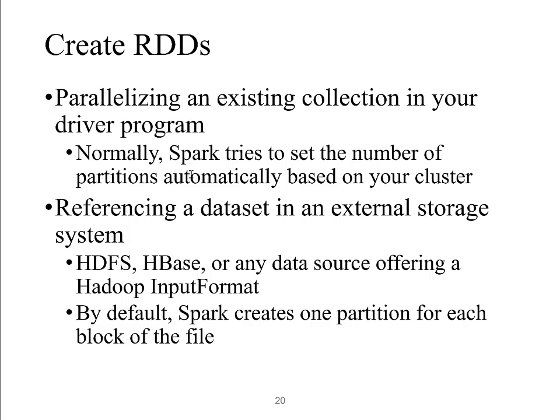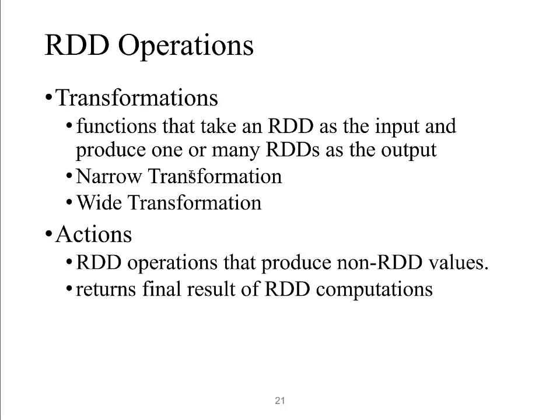Now let's look at the RDD operations. Similar to MapReduce, where the operations are map and reduce, RDD extends the operations to transformations and actions. The typical transformation operation is map, while the typical action operation is reduce.